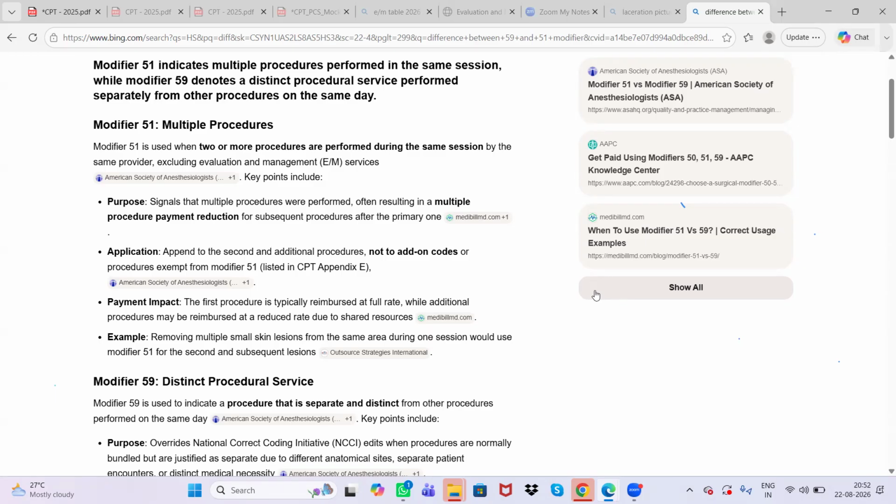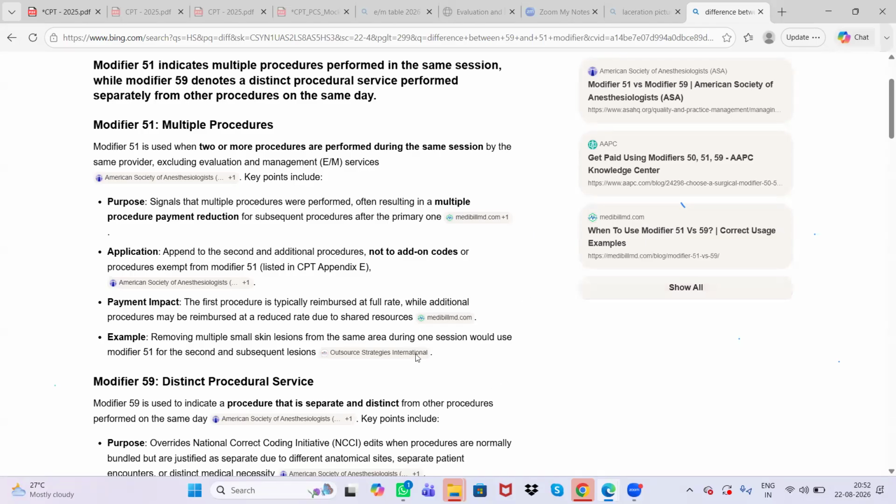Here, the 51 modifier is multiple procedures. In the description itself, we have multiple procedures. So when can we code multiple procedures? During the same session when a surgery or procedure is being started, if the provider or surgeon performed 2 different procedures, that time we can consider it multiple procedures.